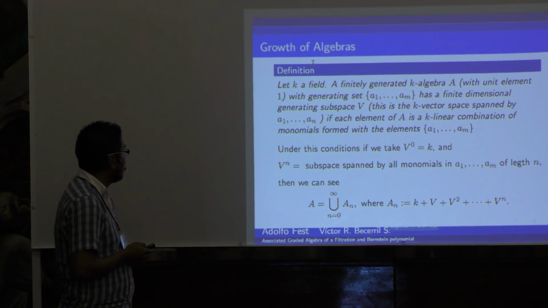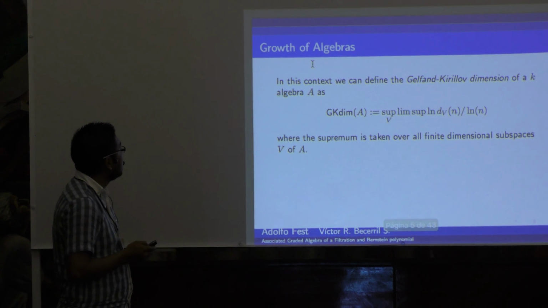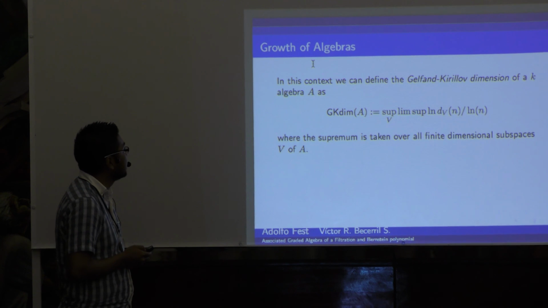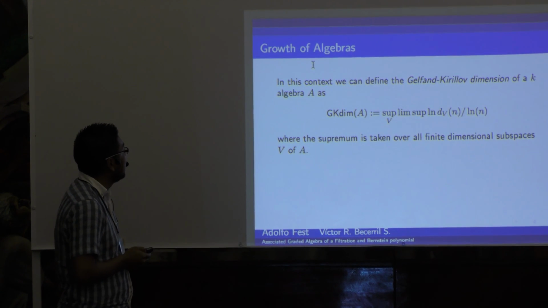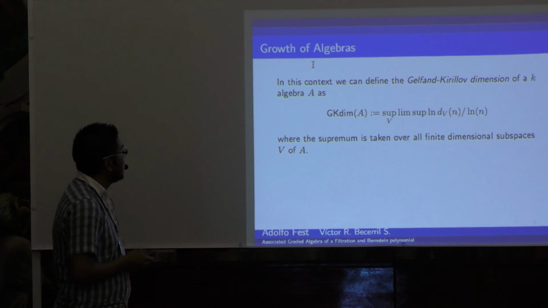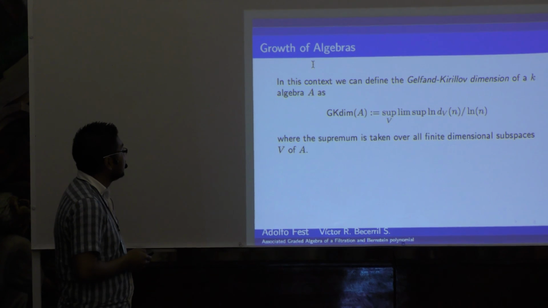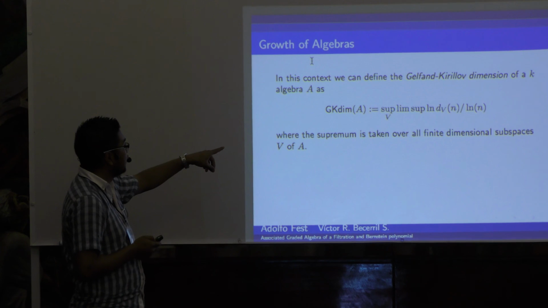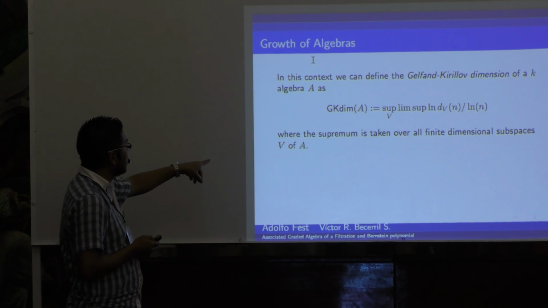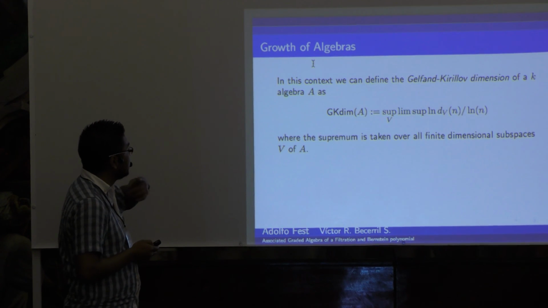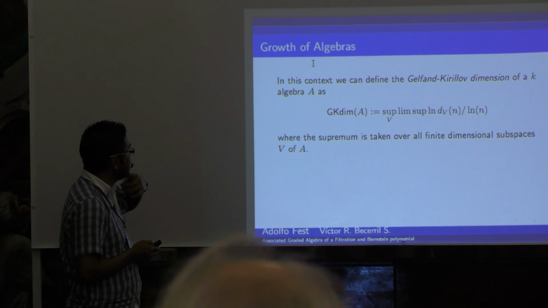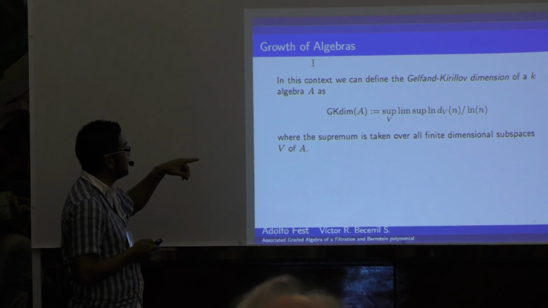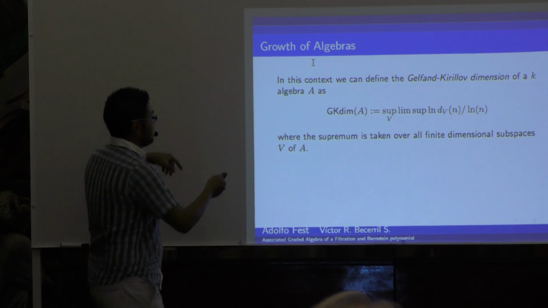In this context, we will define the Gelfand-Kirillov dimension as the supremum, over all the vector spaces B of finite dimension, of the limit superior of this operation.